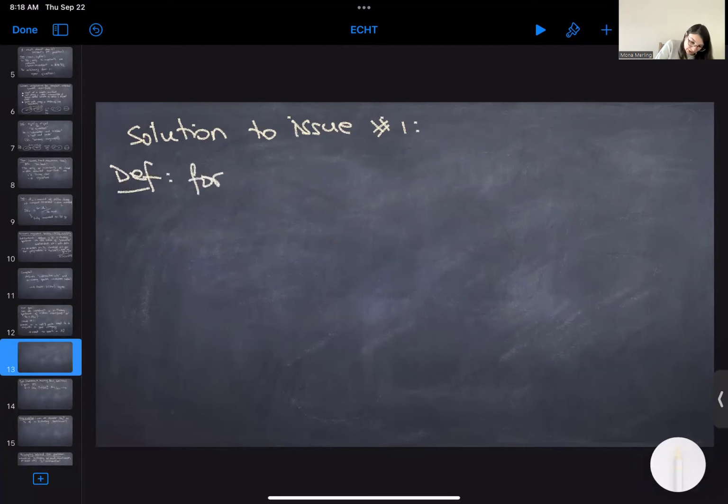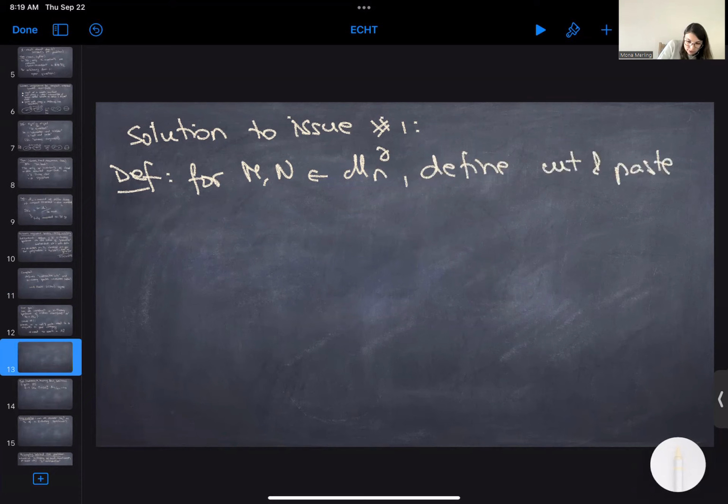For M and N manifolds with boundary, we're going to define the cut and paste relation. We're going to define it the same way, except imposing the two following conditions.